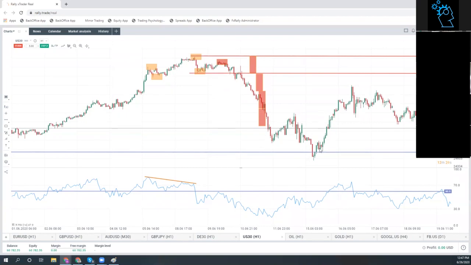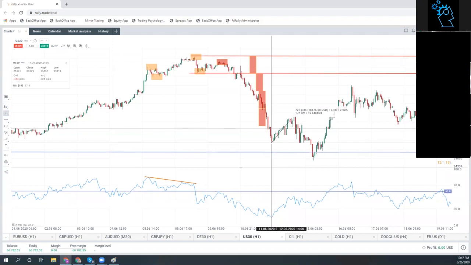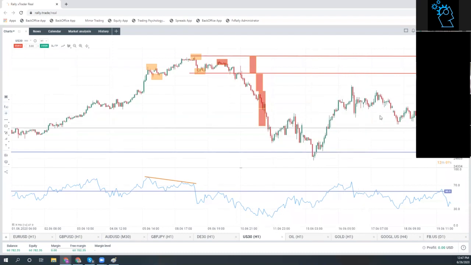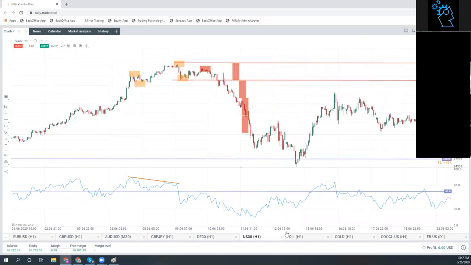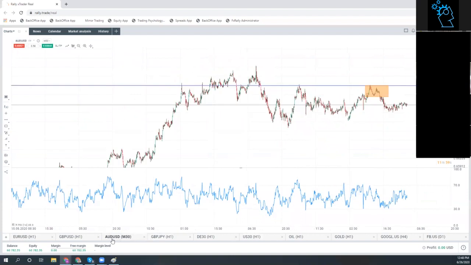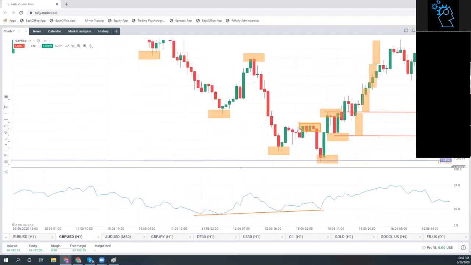So it would have been very hard to trade this price action pattern with 2 dips and a divergence on the RSI due to the way the market moves. So you had 727 pips here. You can imagine all the way up here, and after that a small correction. It wouldn't have been a proper use of this strategy. You would need to have something like this, something like this from here.